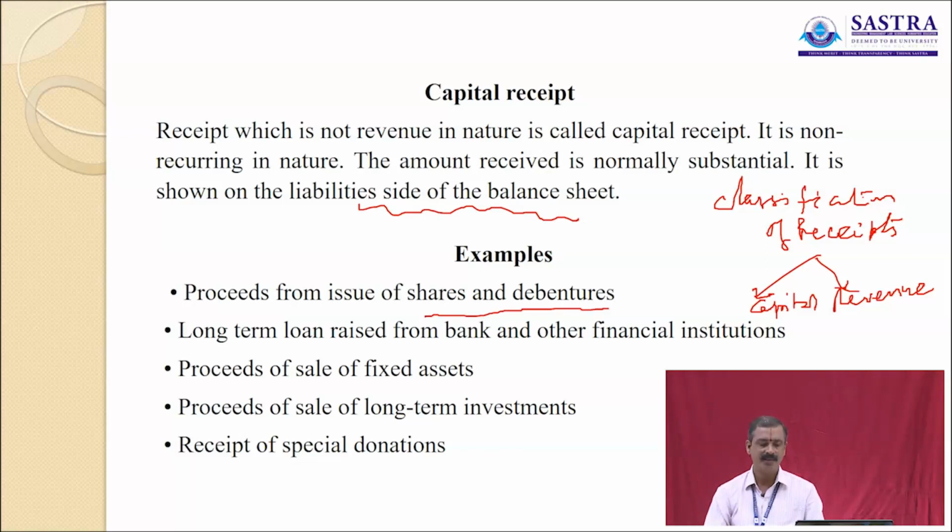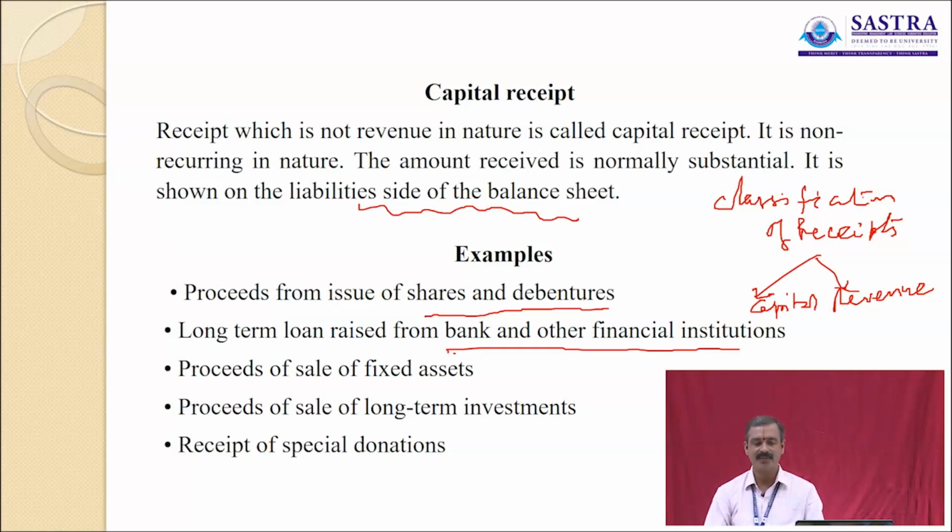And the long-term loan raised from banks and other financial institutions is also very important for business operation. There may be long-term loans as well as short-term loans. The short-term loans will be discussed later.